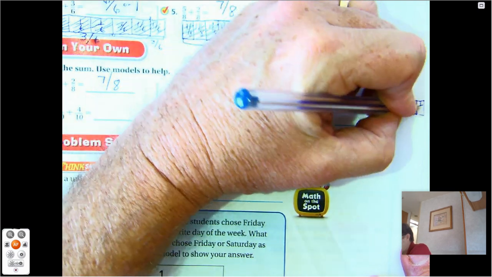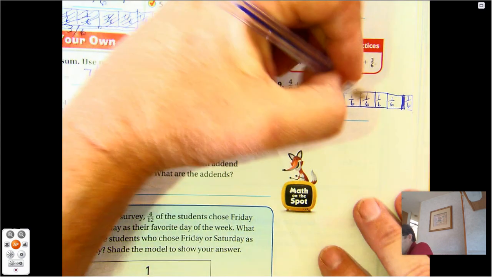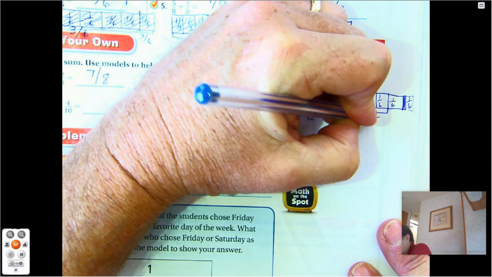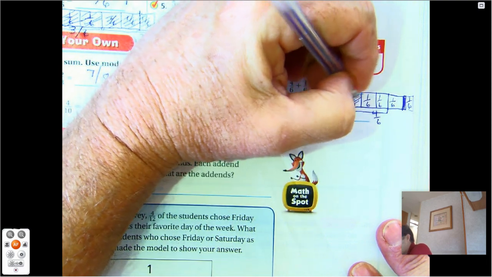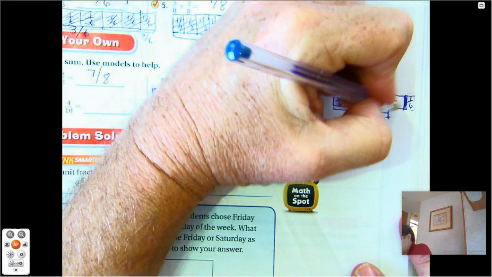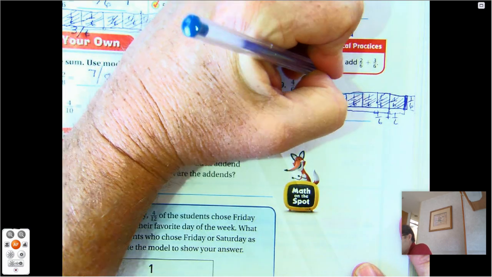Okay, and it's obvious that there's sixths because there's 6 sections in my whole. All right, so we're going to add 4 of them together. That would be 4 1/6 plus another 1/6. So we have a total of 5/6.